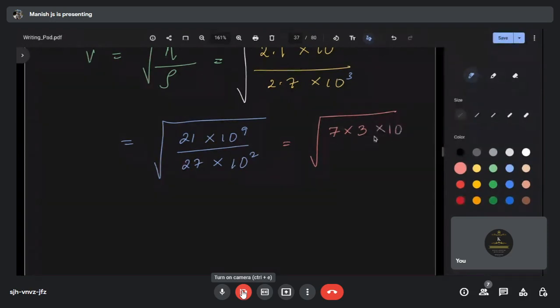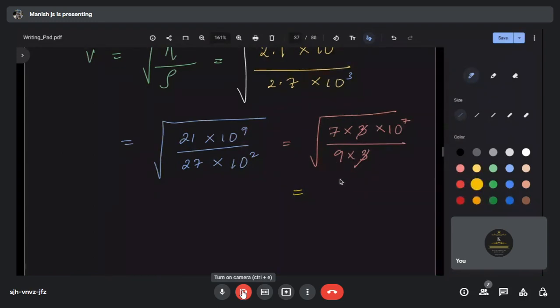Into 10 power, bring the 2 up, 9 minus 2 is 7. Correct? 10 power 7 divided by, below, 27 can be written as 9 into 3. The 3 can be cancelled.